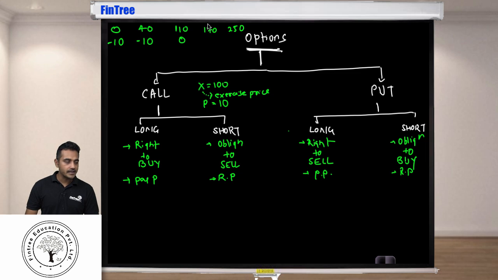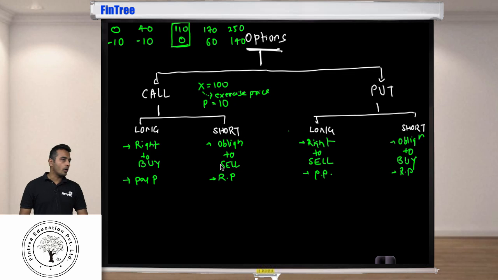Yes. So payoff 70, premium 10, profit 60, profit 140. So this 110 would be referred to as your, tell me, break-even point. Are we okay with this? So at 110, you're neither making any profit nor making any losses.